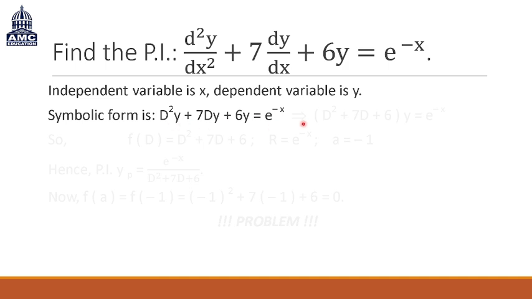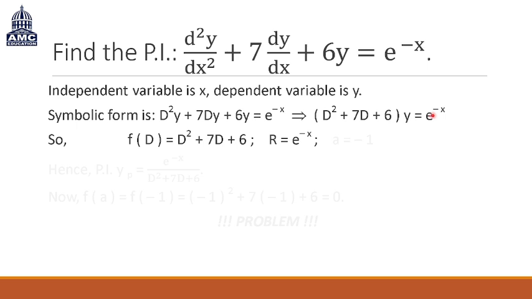Using the closure property of operators, we can take the y outside and write D squared plus 7D plus 6 of y equal to e raised to the power negative x. The next step is to find f of D, R, and a. So f of D is D squared plus 7D plus 6, and R is the right hand side, which is e raised to the power negative x.